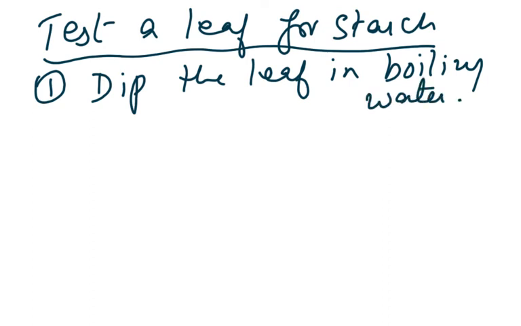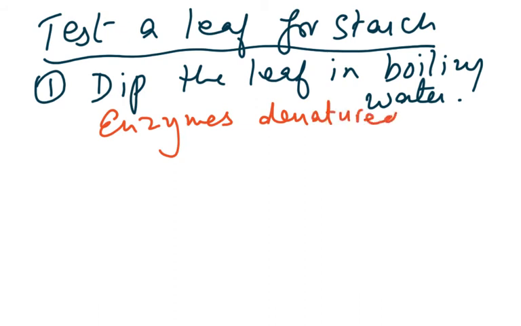Now, of course, you must know the reason why we are doing this. The reason why we are doing this is we want to stop all the reactions, so we say enzymes will be denatured. Now, some of you say, enzymes killed. I'm sorry, enzyme is not a piece of chicken or an animal which you're going to throttle and kill.